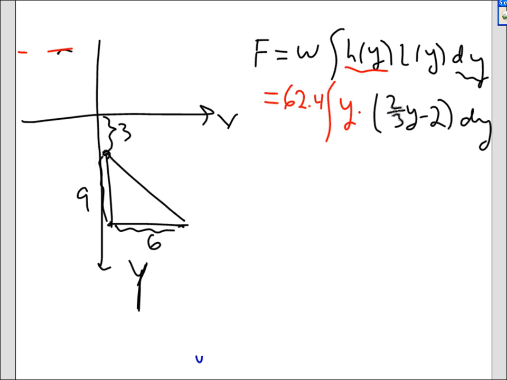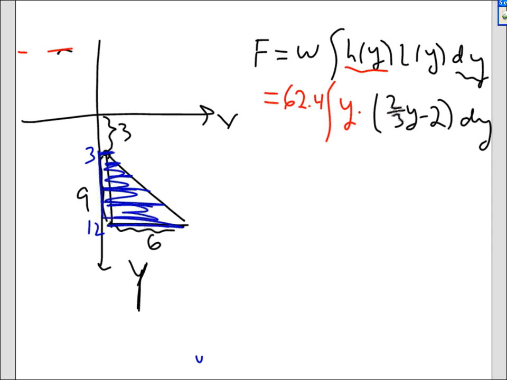Okay. So what's going on? Well, where are these horizontal lines actually inside the object that we put into the water? And the answer is from 3 and then 9 more, from 3 to 12.